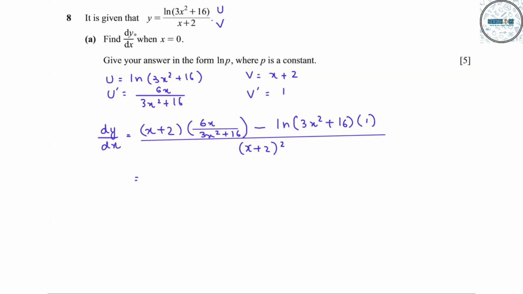As we have to find out dy upon dx when x is equal to 0, we don't need to simplify it. We can just substitute the value of x as 0.